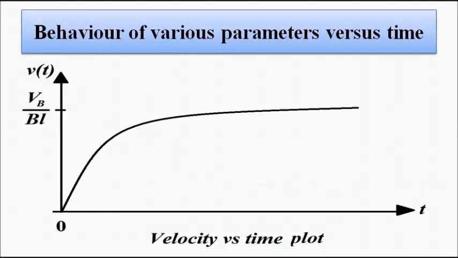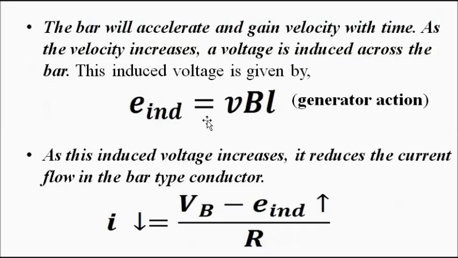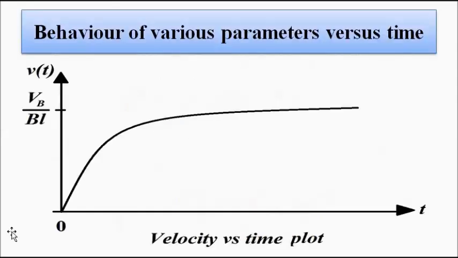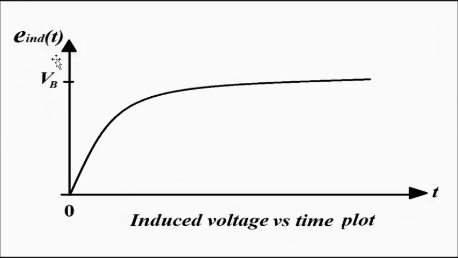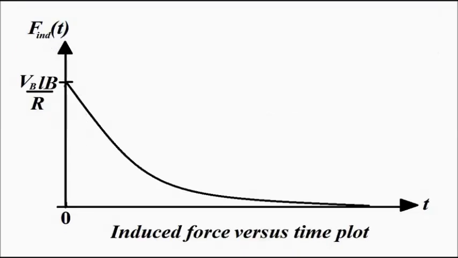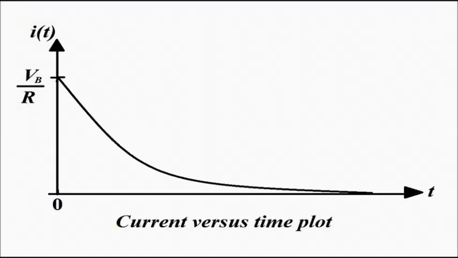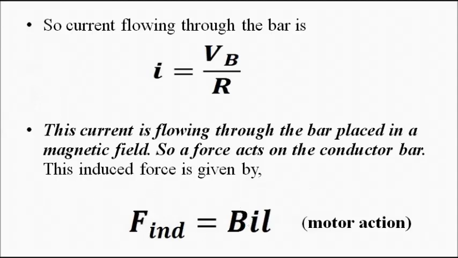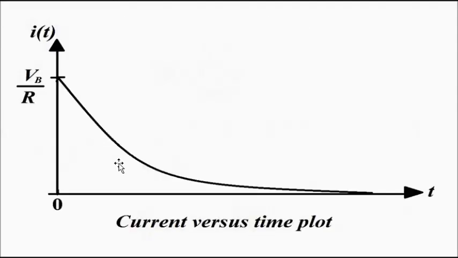The induced voltage follows the same nature as the velocity, because the induced voltage is dependent on velocity. The force acting on the conductor and the current are dependent on each other through this equation, so they also follow the same pattern.